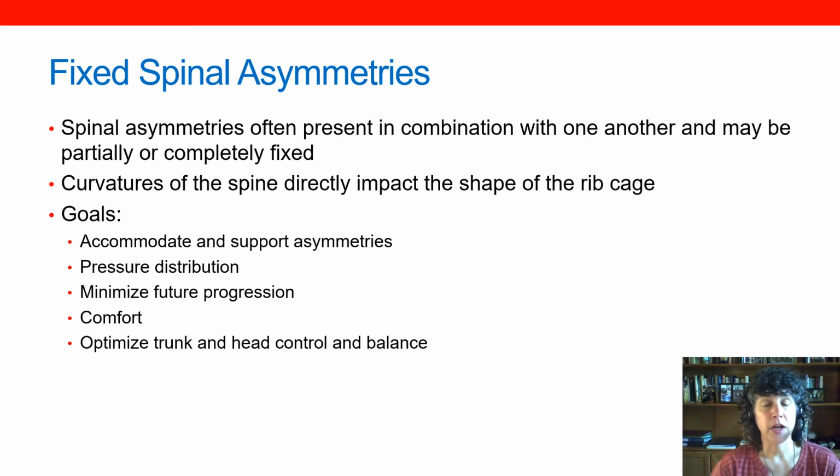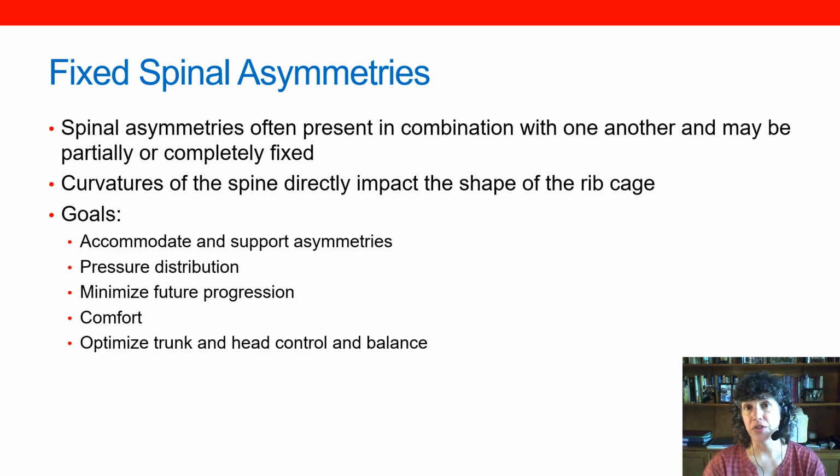Now, if these spinal asymmetries are fixed, we cannot reduce them. We may see these in combination with each other, where we have perhaps some kyphosis, some lateral scoliosis, some rotation. The curvatures of the spine are also going to impact the shape of the rib cage, and so we may have a more prominent area of the rib cage that we also need to address.